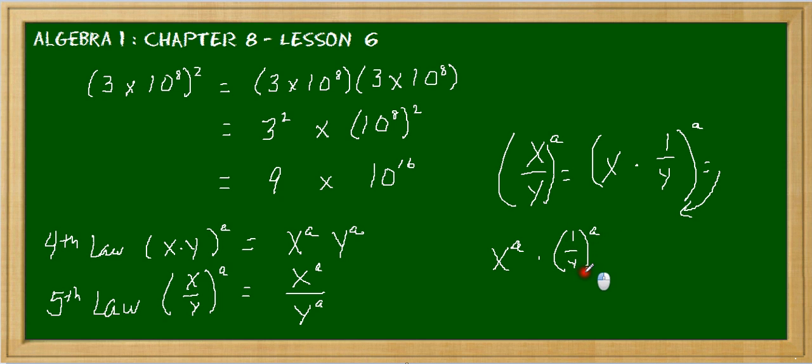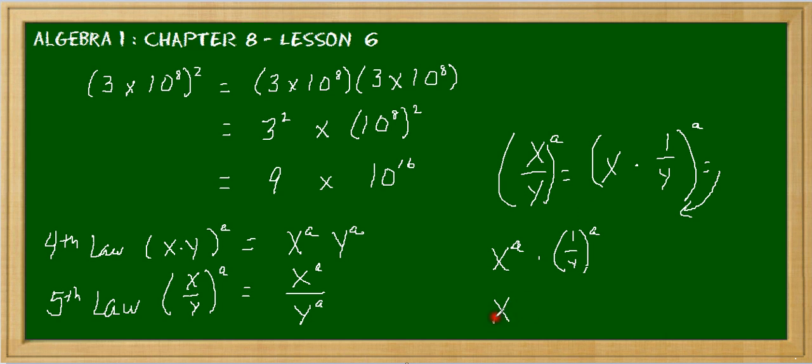Now you might say, well, how can I express this? Well, that would be x to the a times... I guess we should probably use an example here. Let's substitute the number 2 for a.